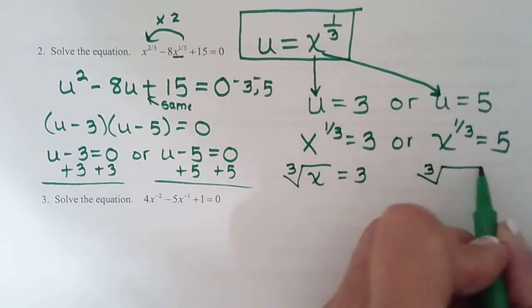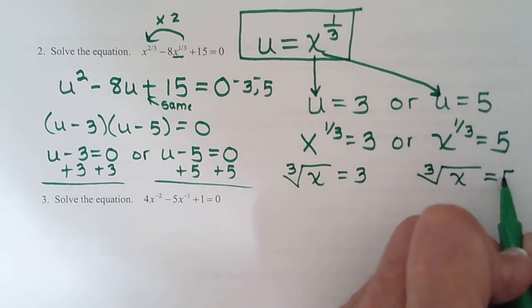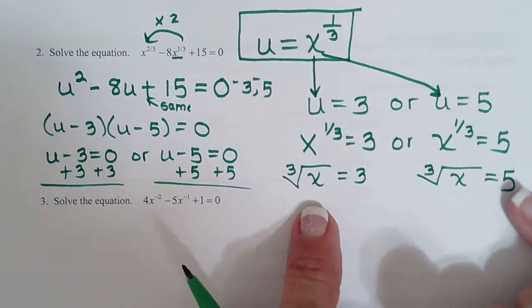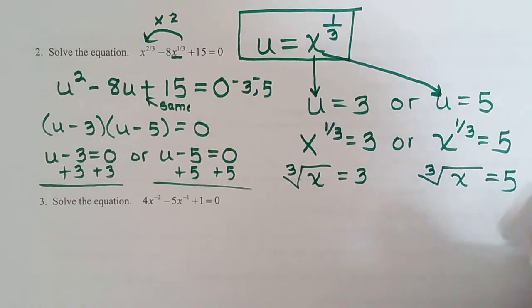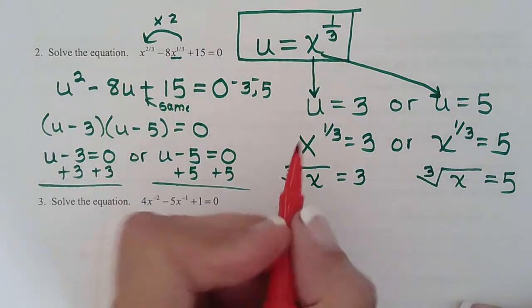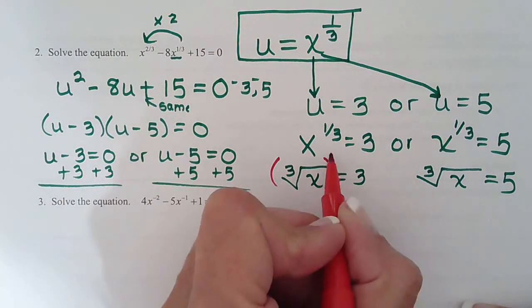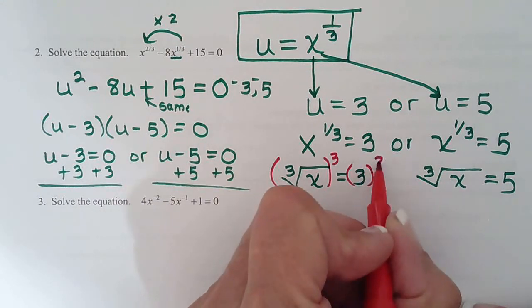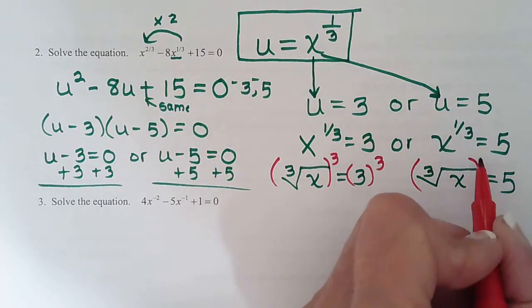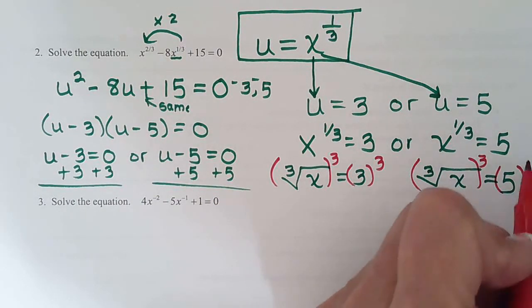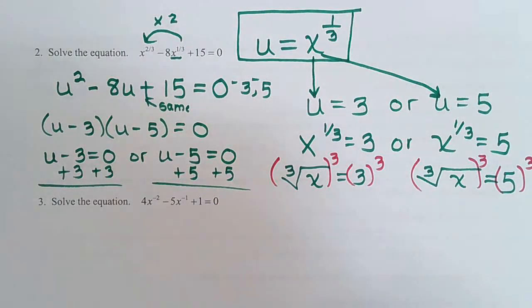See, once you put it in this format, you go, oh yeah, I remember doing these. Cube root of x equals 5. So sometimes they're just not in the format you're used to, but now when you see this, you go, oh yeah, we learned to undo the index. So this one you would cube both sides. This one you would cube both sides. And that will give you your solutions.